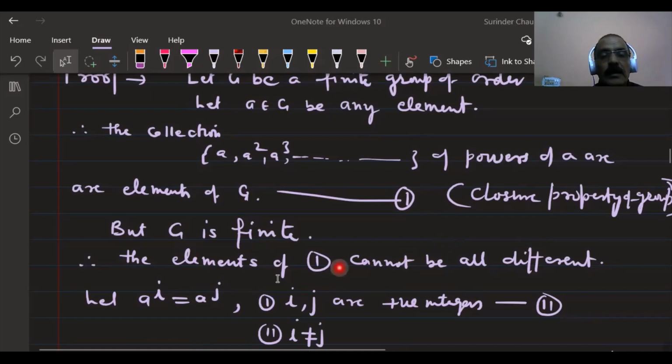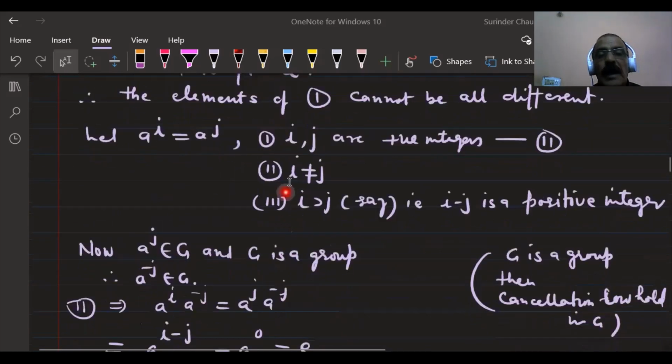Now let us suppose that any two elements of this set, call it set 1, are the same: a to the i is equal to a to the j, where i and j are positive integers and i is not equal to j. So one of the two must be greater: either i is greater than j or j is greater than i. Let us suppose i is greater than j. We have assumed that i minus j is a positive integer.